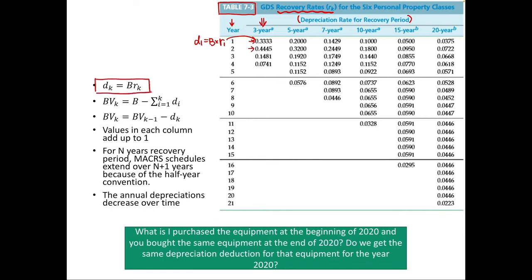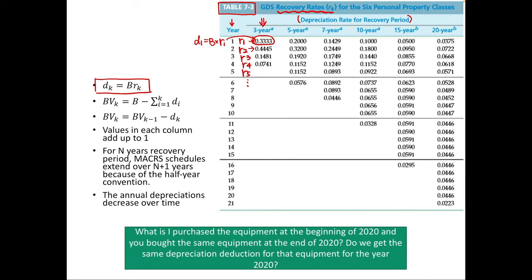For each year, the depreciation deduction is B, the cost basis, times R_k. So in this table, the number in the first row is R1, and this is R2, R3, R4, R5, and so on.